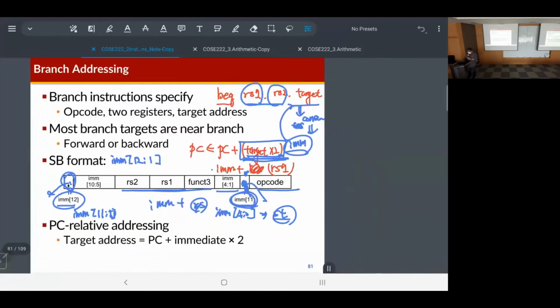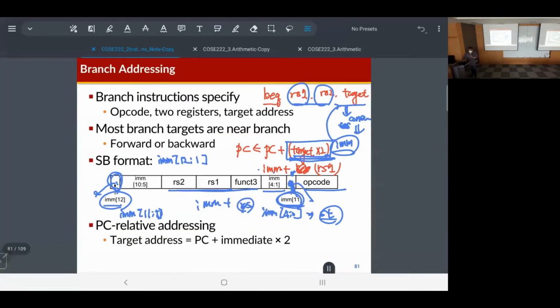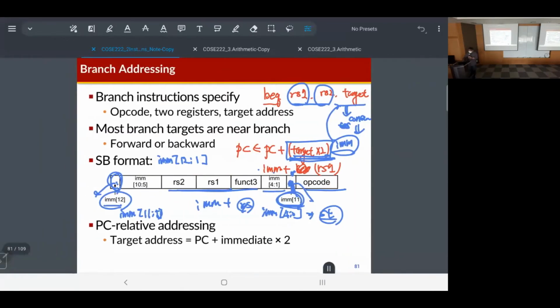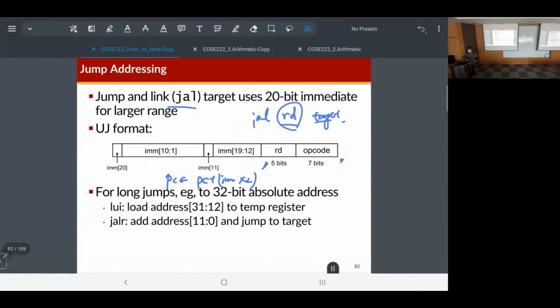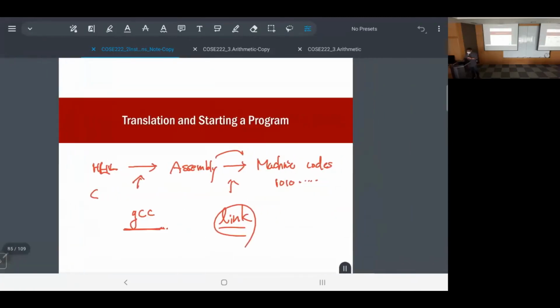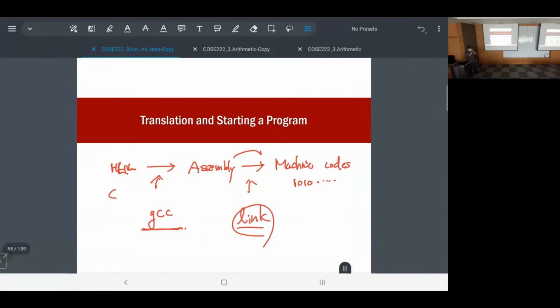And also we discussed some additional instruction formats of the RISC-V instructions, like the SB format and UJ format. The conditional branch instructions use the SB format, and jump instructions, like jump and link instructions, use the UJ format.